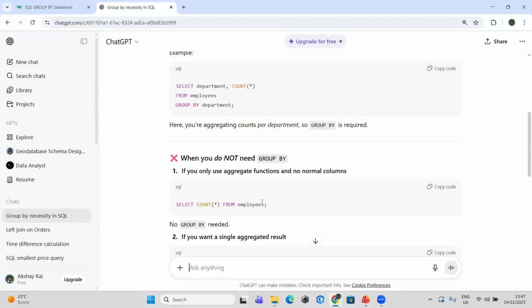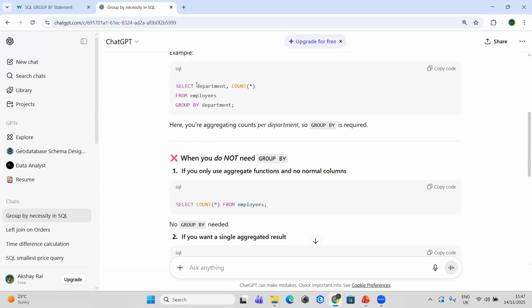So do you get the understanding? Like if I have an employees table, I want to count all the number of rows. I will simply do this, and this time I do not need group by because there is no grouping needed, because I'm kind of taking all the rows. Now here what is happening?